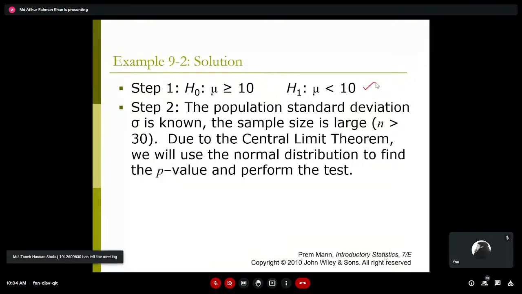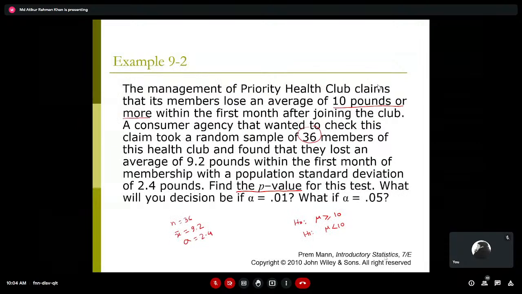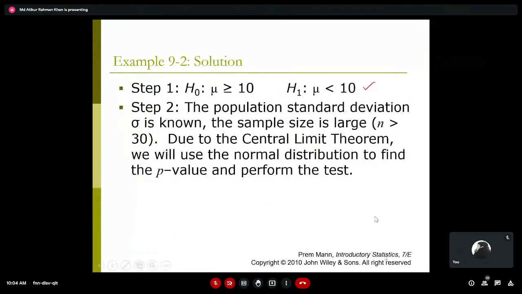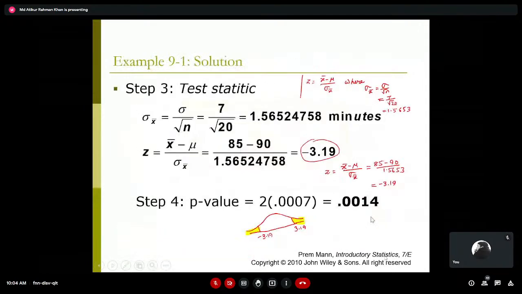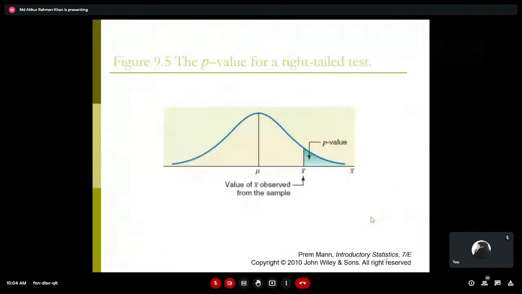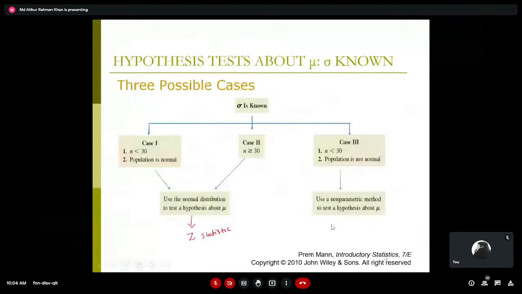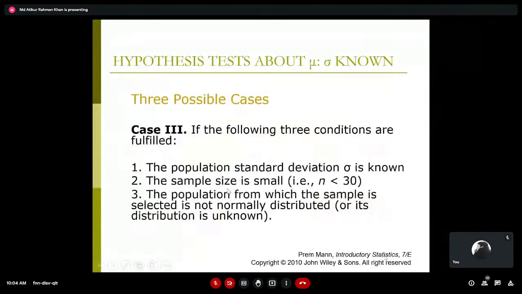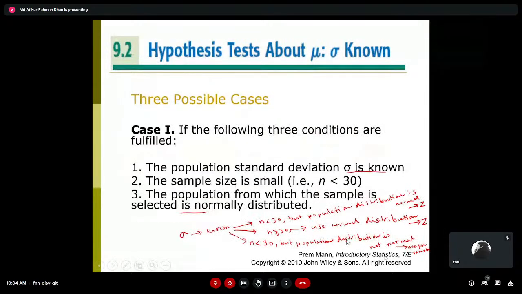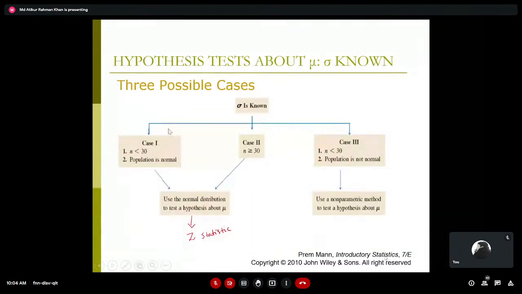In step 2, what shall we do? We need to think about the distribution, right? So you can now look at the options. Or if you wish, you can see something like this as well.